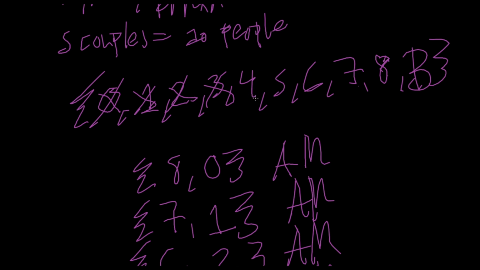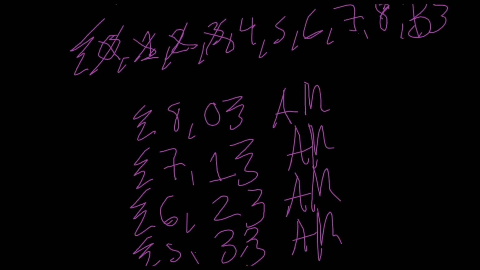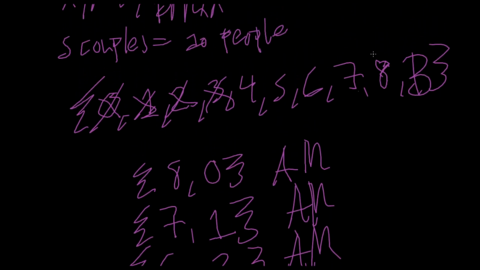So 4 must have shaken hands with 5, 6, 7, and 8. And we know that 0, 1, 2, and 3 are all taken.